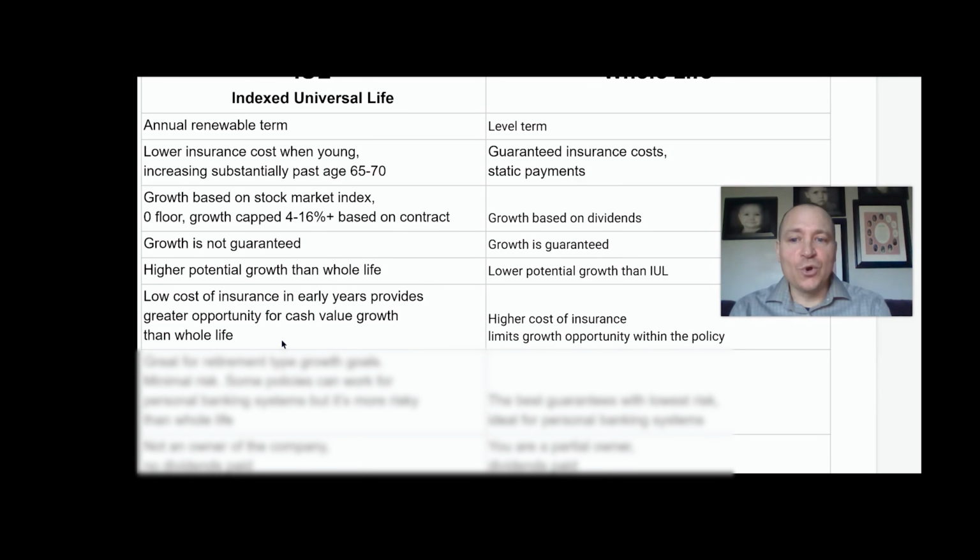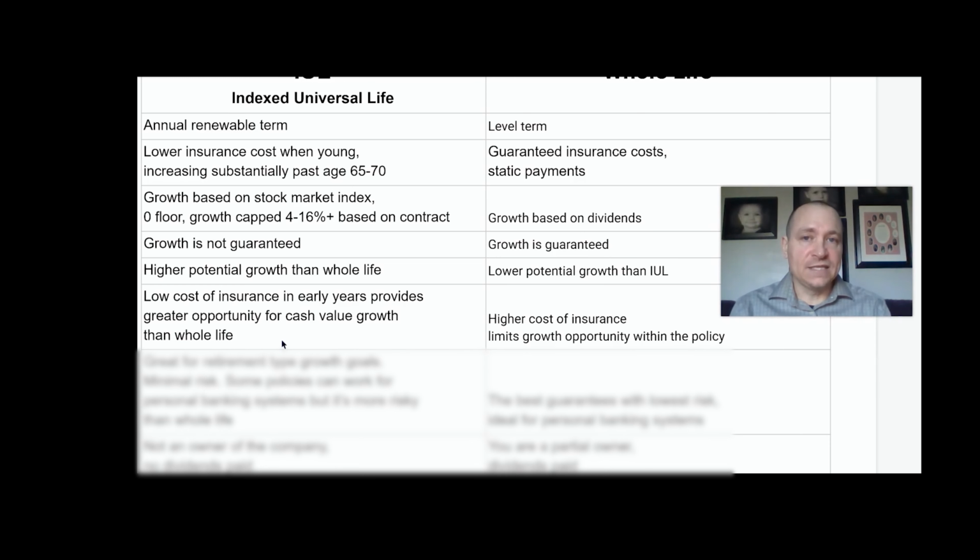Moving on, the low cost of insurance in an IUL in the early years provides greater opportunity for cash value growth than whole life. Whereas whole life, you do have a higher cost of insurance. This limits the growth opportunity within the policy. There's no way to get around that. And regardless of how we design these policies, what it comes down to is the lower we can get the insurance cost, the greater the opportunity for cash value growth.